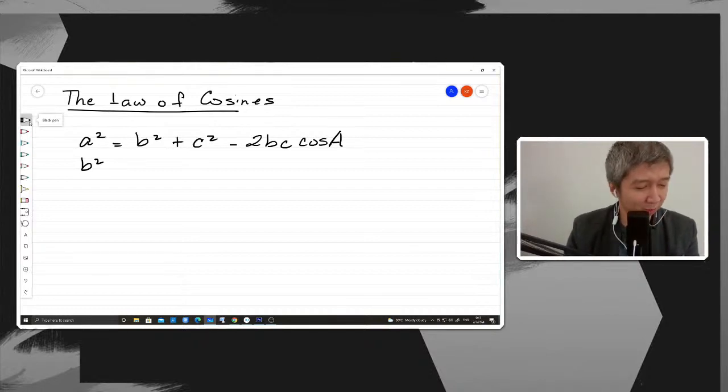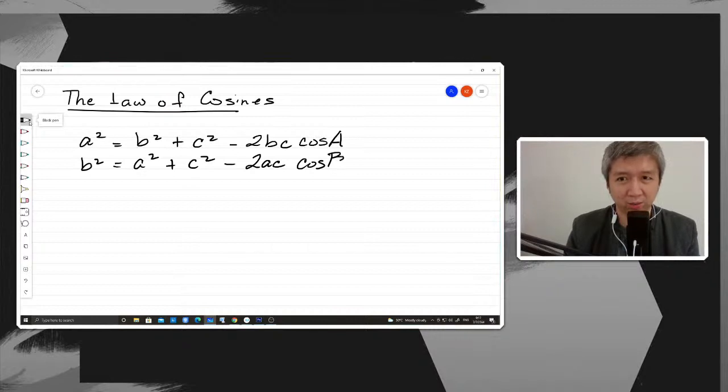Okay, so b squared is equal to a squared plus c squared minus 2ac, then cosine capital B. That's how easy it is to remember.